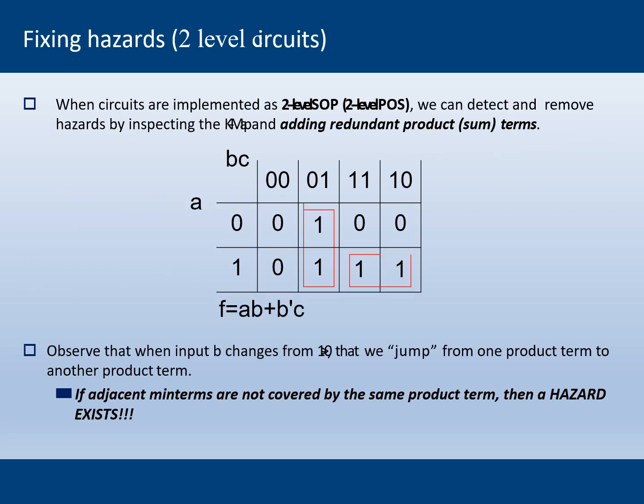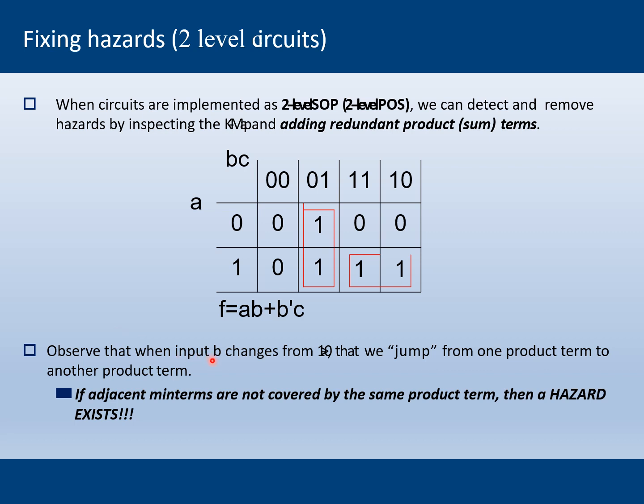When circuits are implemented as two-level SOP or two-level POS, we can detect and remove the hazards by inspecting the K-map and adding the redundant product or sum terms. So we are representing the output expression F equal to AB plus B dash C using a Karnaugh map.